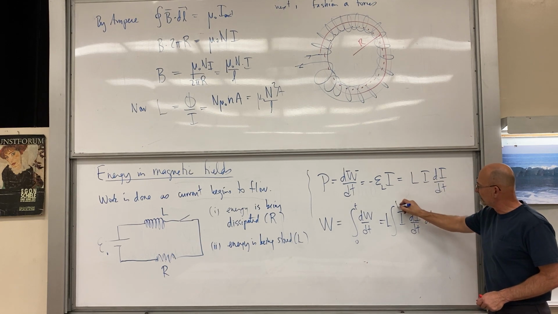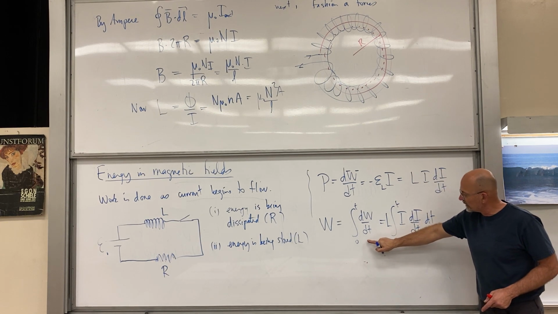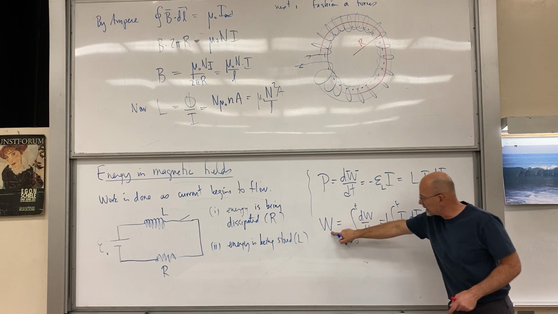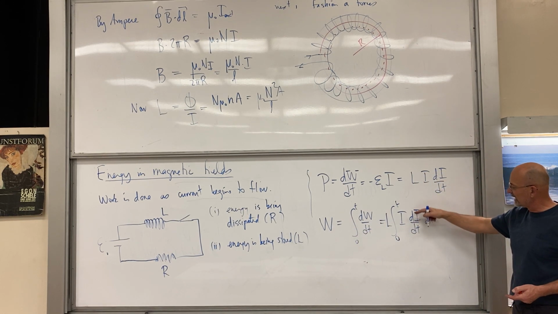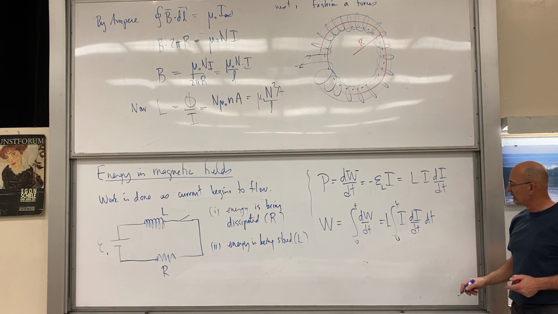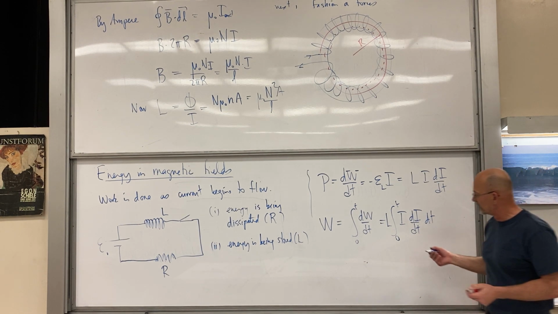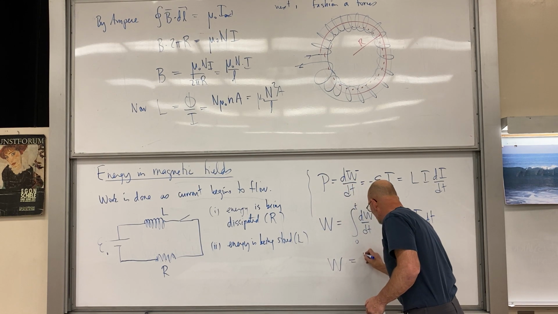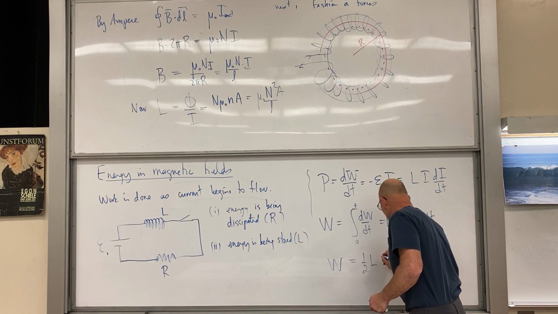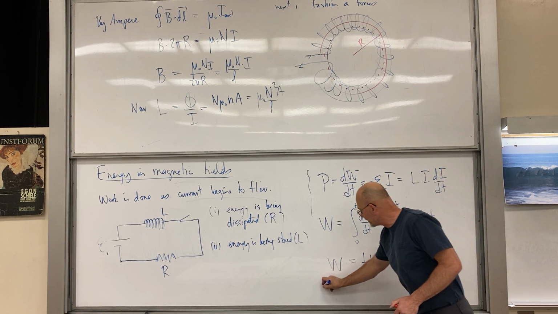You can cancel those, and you're just going from 0 to W. So there's your W. Here you're going from 0 to T, the dt's cancel. You're just going to get I squared over 2. So we have work is equal to 1/2 L I squared. So there's our expression.